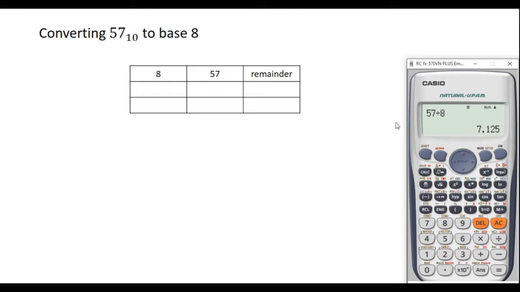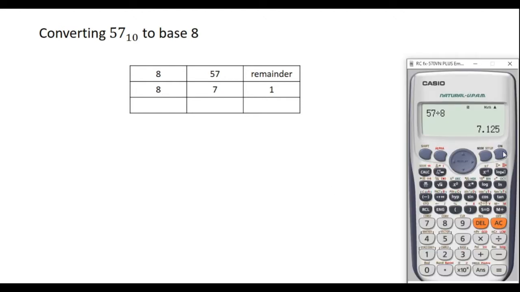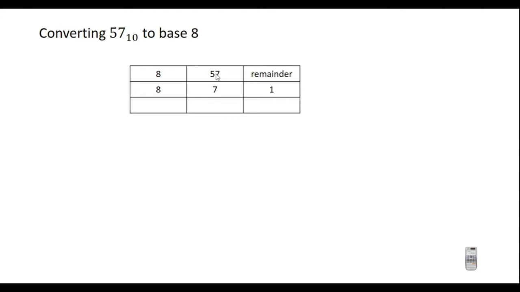That will give us 7 as our whole number here, so we write 7 here. Then, if you want the remainder, you know that 8 times 7 will give us 56. Then you subtract 56 from 57 and we are getting a remainder of 1.